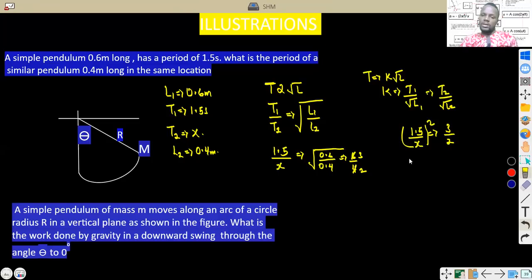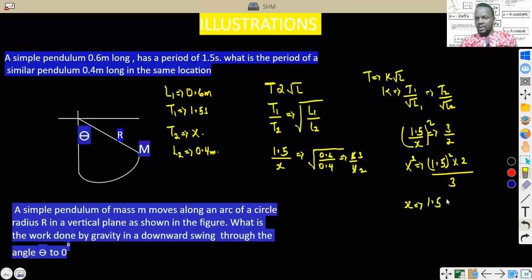So directly, I have x squared equal to 1.5 squared times 2, divided by 3. If I take the square root of this, I'll still get 1.5 back.